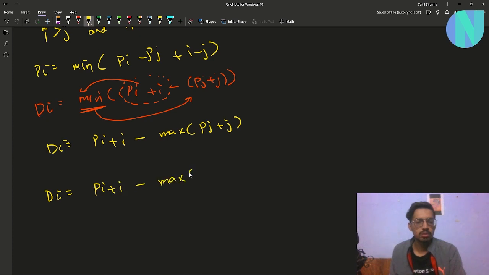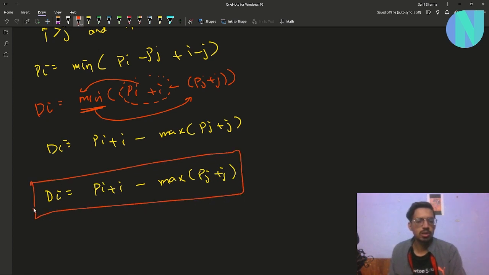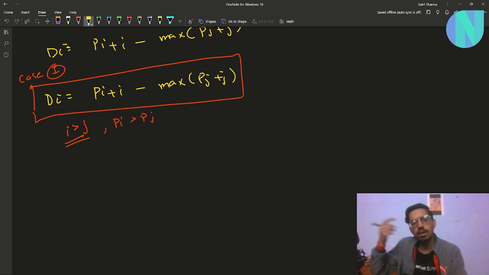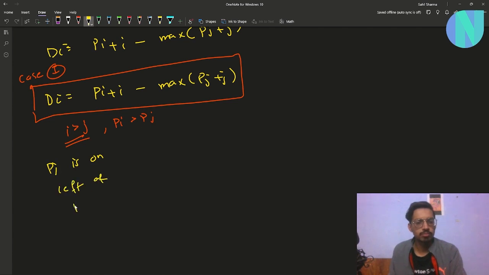So I can write this in a beautiful manner. Right, so this becomes the first expression. This is your case 1, you can say, when your i is greater than j and your pi is greater than pj. How can you see this? If your i is greater than j, that means in the permutation, your element pi is occurring after j. So you can say your element pj is on left of pi.